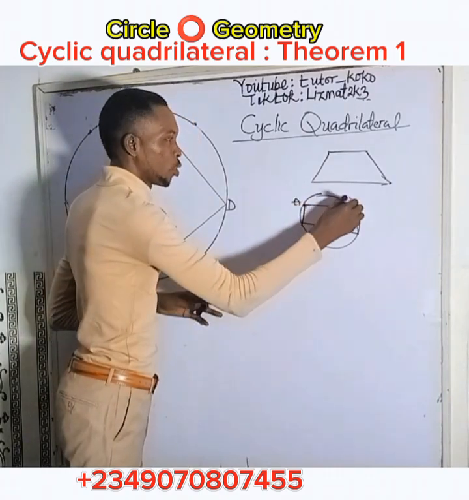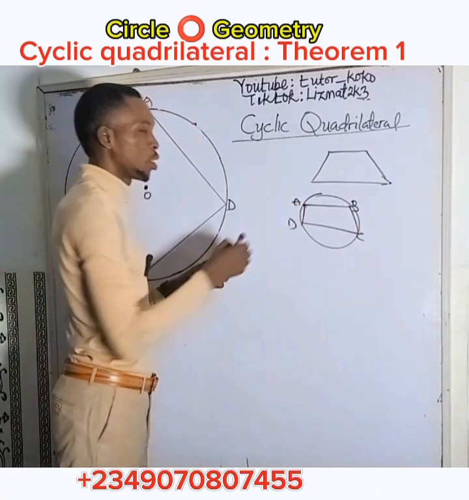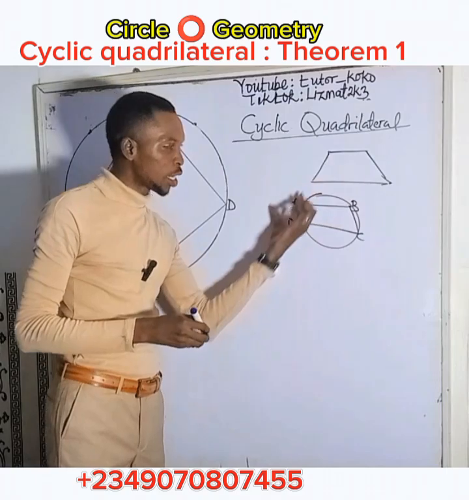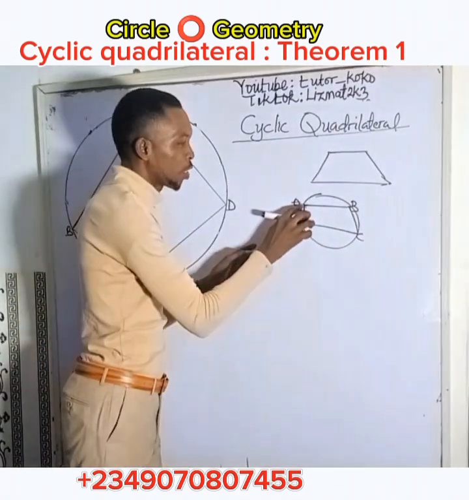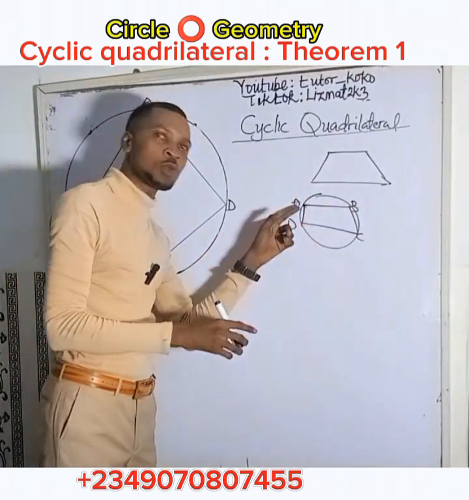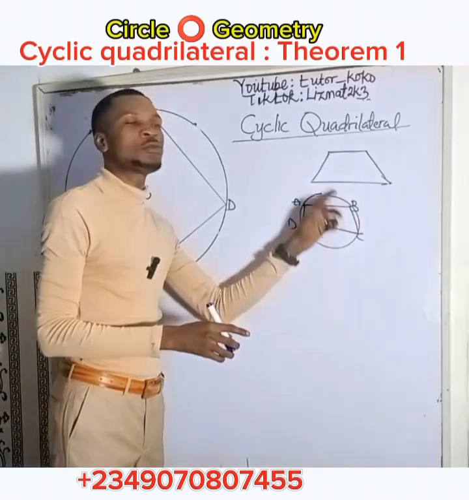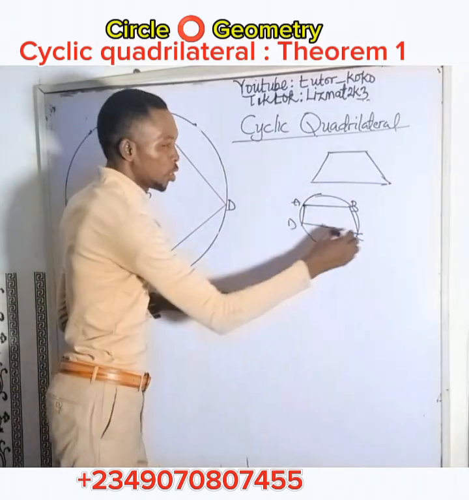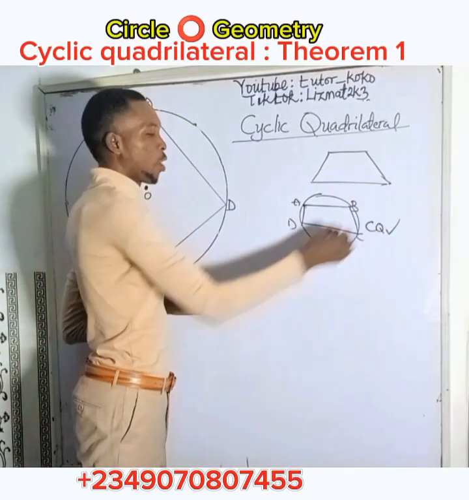If you look at it, you will see that this quadrilateral inscribed in this circle, the vertices of the quadrilateral touch what? The circumference of the circle. Now, this is a cyclic quadrilateral.